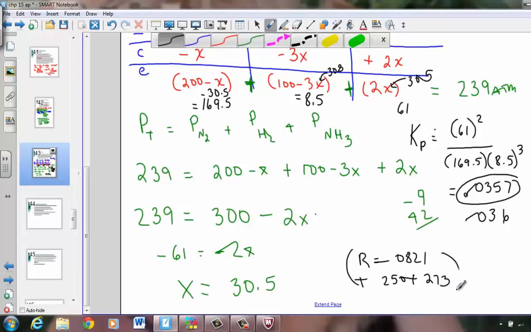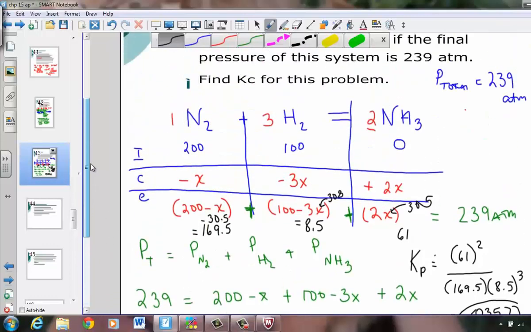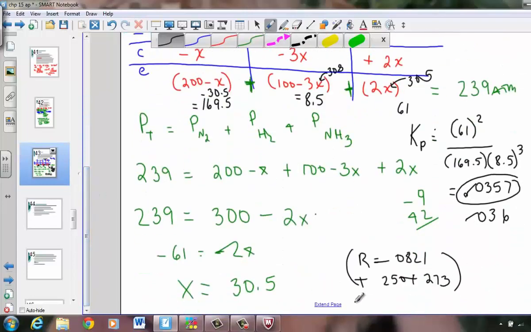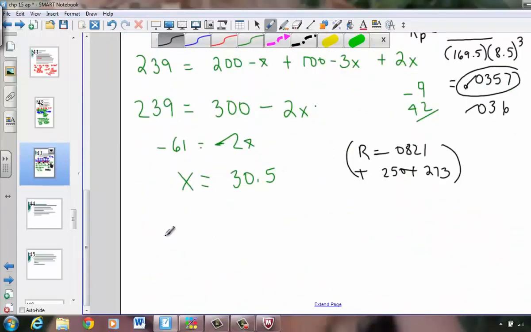Alrighty, so R times T, and the delta n, remember what we would do is products minus reactants, so it would be 2 gaseous moles minus 4 gaseous moles, so you'd be raising it to the negative 2 power. Please figure that out for me. Using your algebra skills, we have Kp equals Kc (RT) to the delta n, and I've given you the variables.